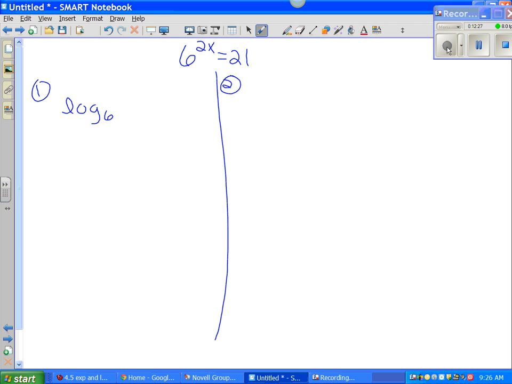Base 6. Yep, of. Good. Now what? What am I solving for? What's in the way? How do I get rid of it? Good. Divide both sides by 2. And what do you get for x?